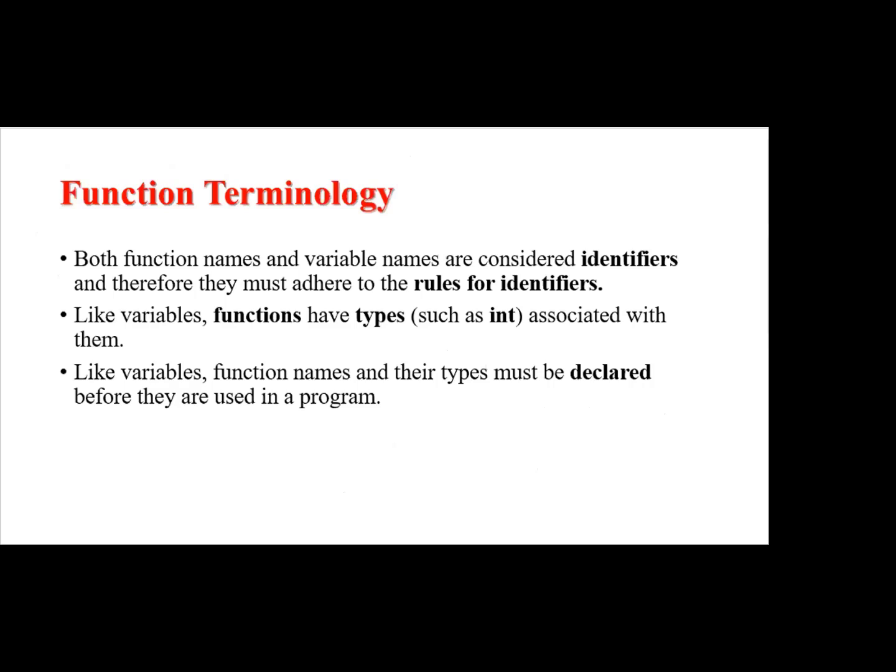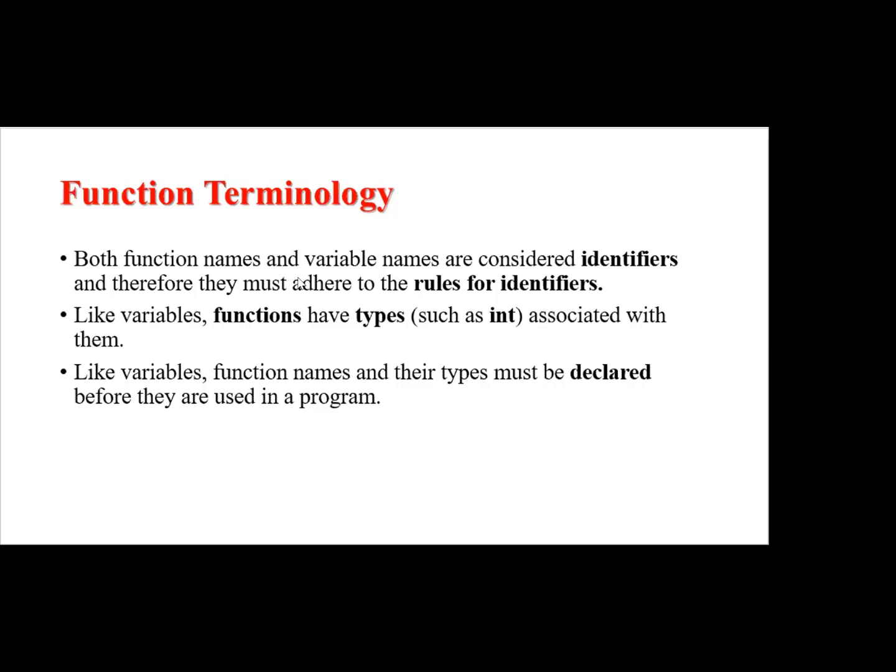Now let us look at some of the terminology. Both function name and variable name are considered identifiers. If you remember, when we were defining a variable name, there were some rules that had to be followed.